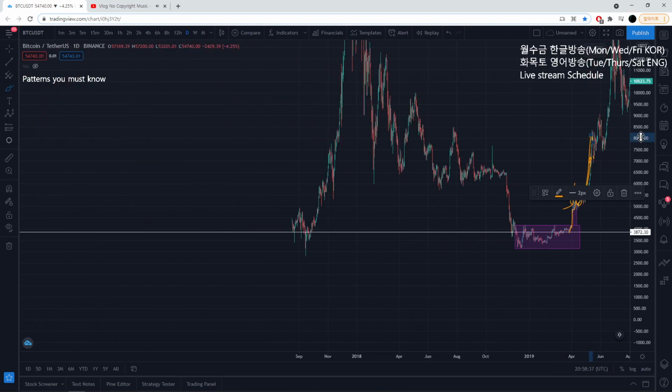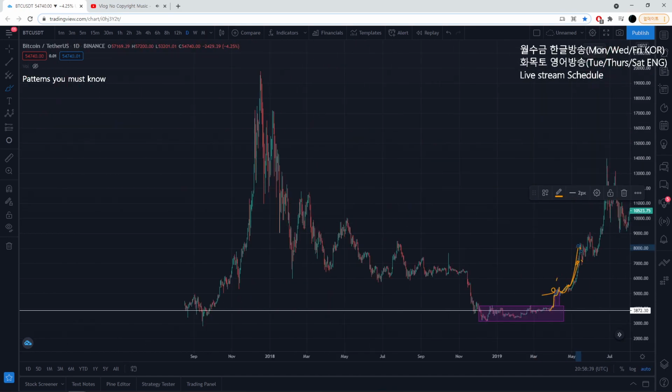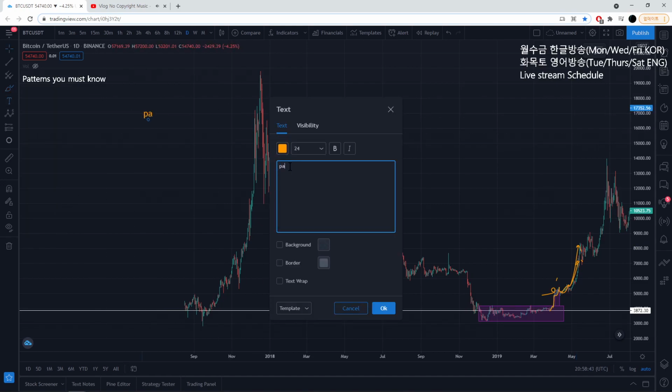Alright, I think that's it for patterns. The important thing you should know is that patterns are not 100%. They are just guidance. It's better to know these patterns than people who do not while you're trading, right? And also, the TP is just the best place to take your profit, not where it will end.